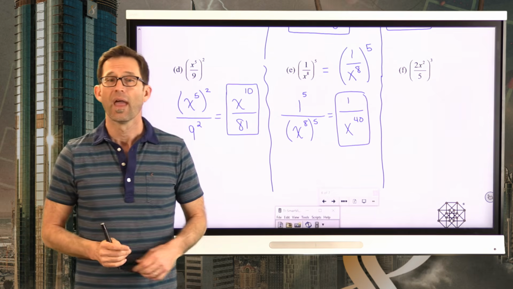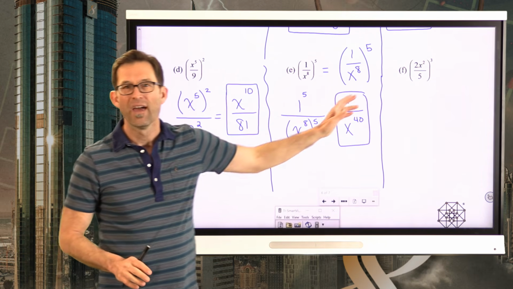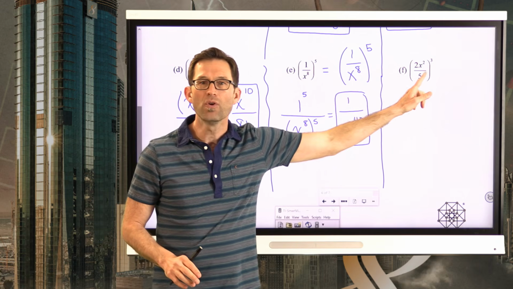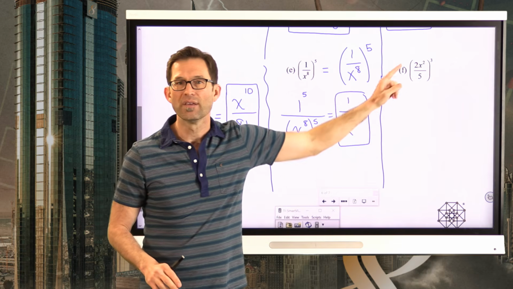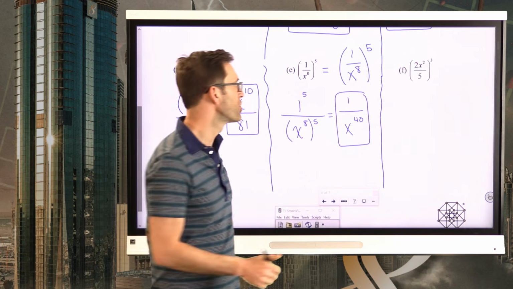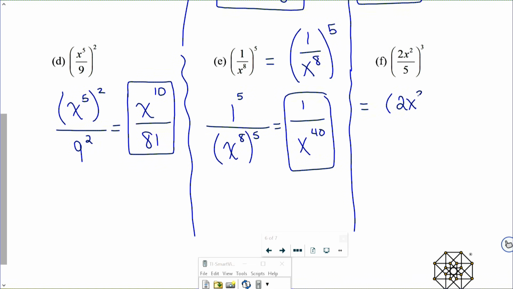All right. And finally, a combination of a bunch of different rules, right? Now we have a fraction where the numerator has a product in it. So the numerator has to be raised to that power. The denominator has to be raised to that power. Let me write all of this out in its glory. So I'll have 2x squared to the third divided by 5 to the third.